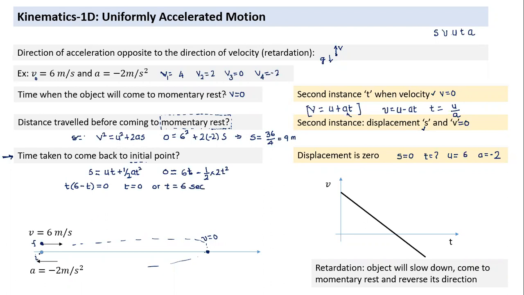At 0 also, when time is equal to 0, the initial moment, the displacement is 0. Initially also it was at the same point. At any other time it was not at the same point, displacement was not 0. Again at 6 seconds displacement is 0. That's the time taken to come back to the same point: 6 seconds.